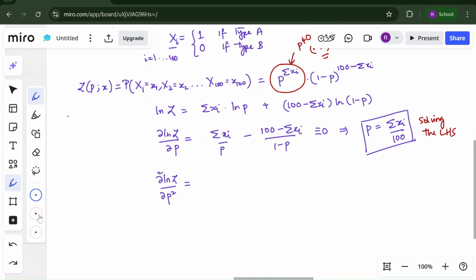Okay, so what is the derivative of d dx of minus x?